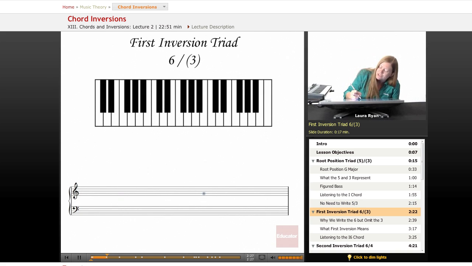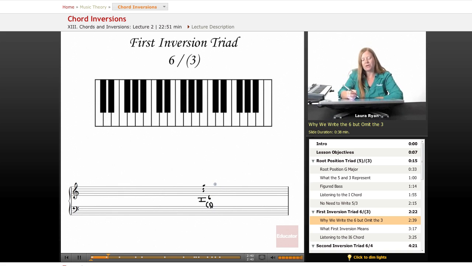Let's stick to G, and this first inversion looks like this. So this is 1, 6, and we'll write in parentheses 3. The reason why the 6 is more important than the 3 is because between the bottom note of our chord and the root, there are 1, B, 2, C, 3, D, 4, E, 5, F, 6, G. There are 6 notes between the bottom note and the root.